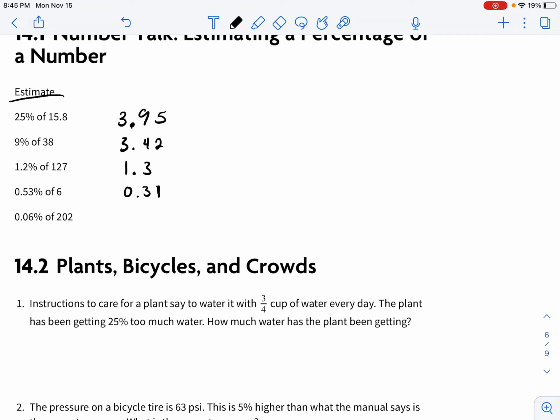Okay. Last one is 0.06% of 202. So this is going to be a fairly small number. 10% of this would be 20.2. Half of that would be 10.1. 0.06 is close to that, but now we're just going to take the decimal back. So 5% would be 10.1.